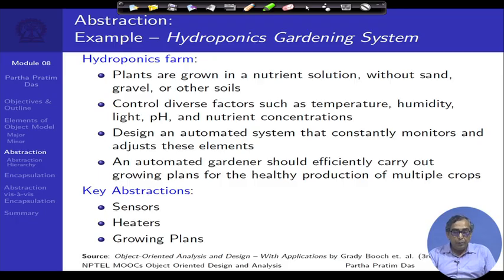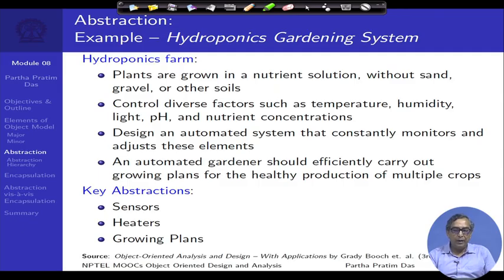In a little bit more intangible terms, certainly if we are designing a hydroponic farm, then we will need to have an idea about how plants grow and how their growth can be controlled by controlling different nutrients and conditions. So, a little less obvious, but very critical key abstraction in this system would be growing plants, which will decide how plants can be made to grow.